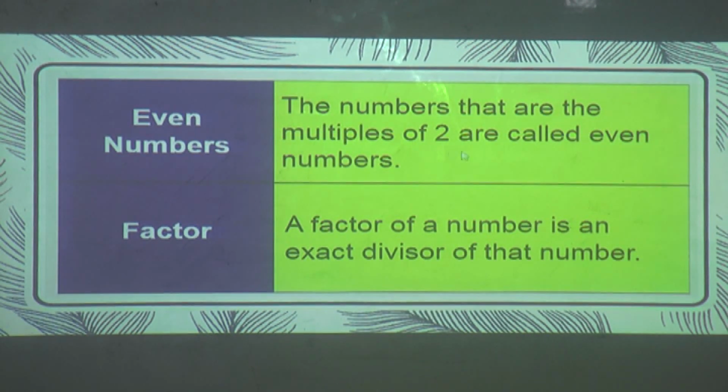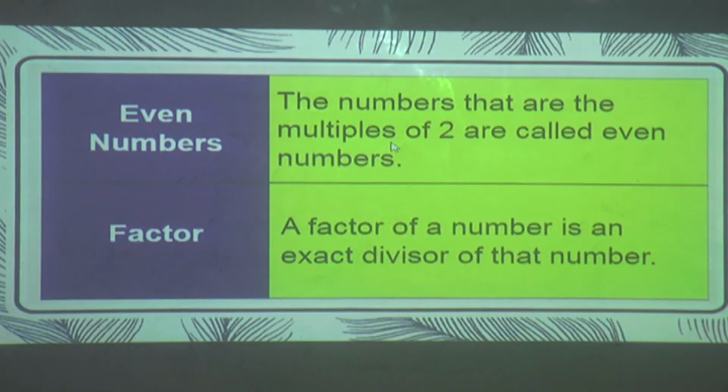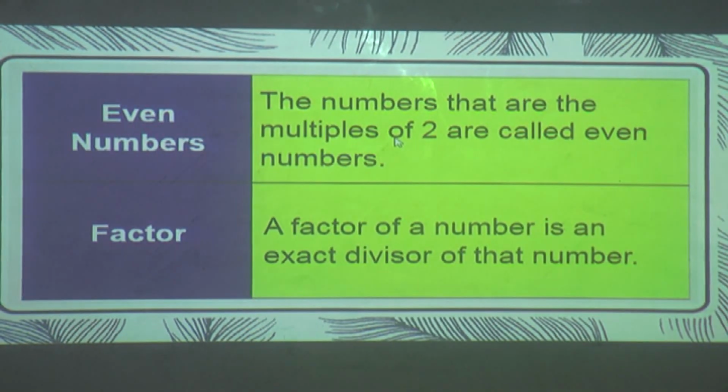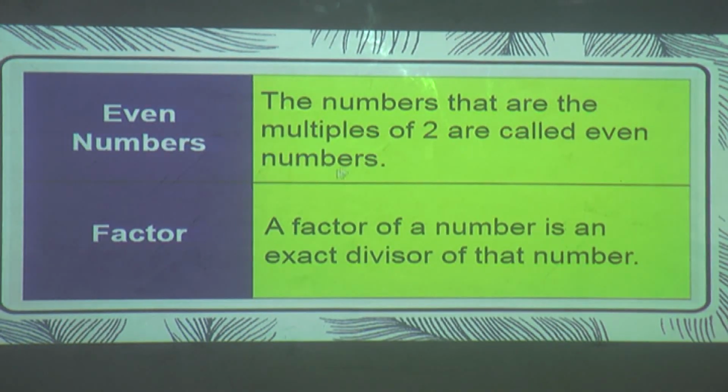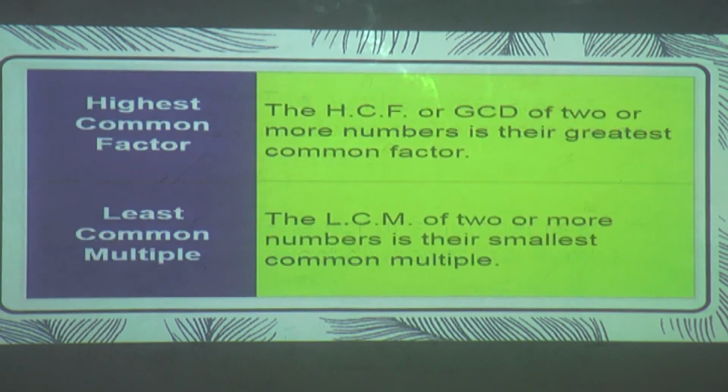Even numbers. The numbers that are multiples of 2 are called even numbers. Factor. A factor of a number is an exact divisor of that number. Highest common factor. The HCF or GCD of 2 or more numbers is the greatest common factor.